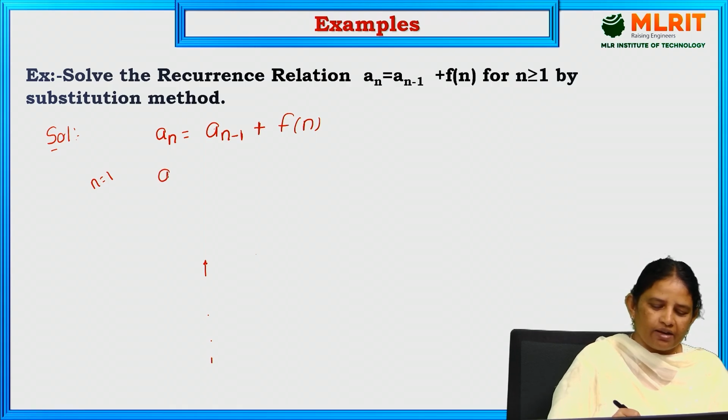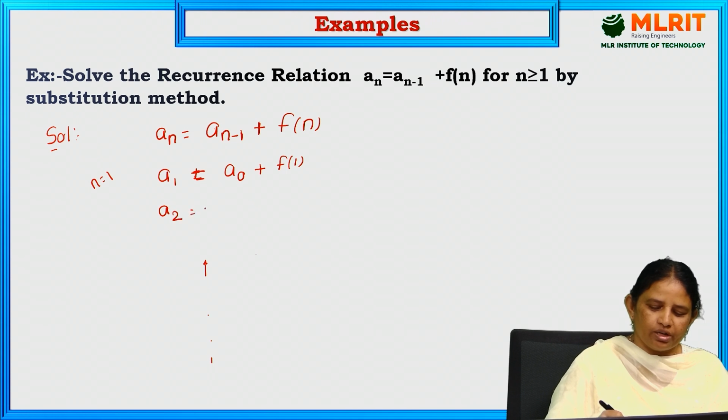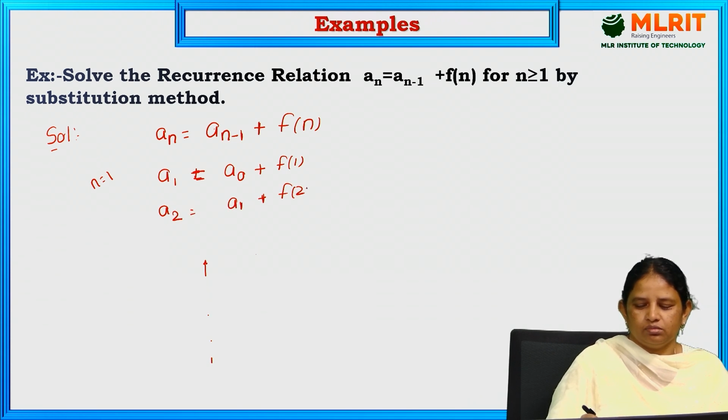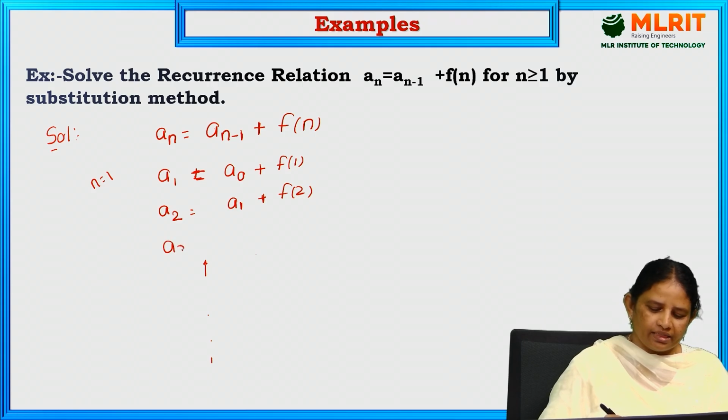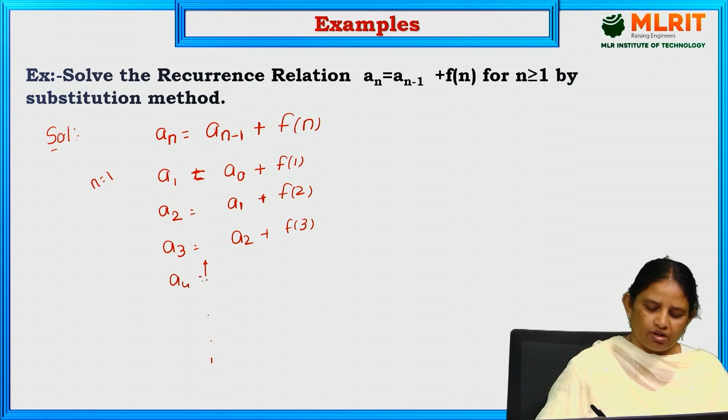We'll get a_1 equal to a_0 plus f of 1. Next, n equal to 2, a_2 equal to a_1 plus f of 2. Then a_3 equal to a_2 plus f of 3. Then a_4 equal to a_3 plus f of 4.